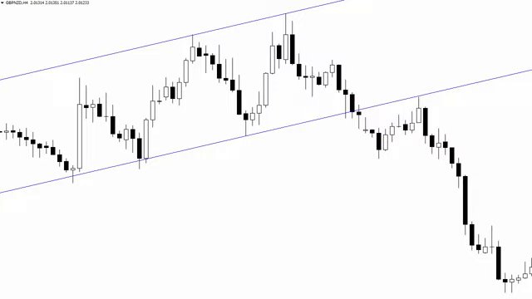Now, again, like the wedge breakout strategy, if we look at this market, you can see that it made this swing high right here. So let's pay attention to this. We have this movement like this, and this swing high up here is high enough in the market that if I were to place my stop loss here, I would feel pretty safe.